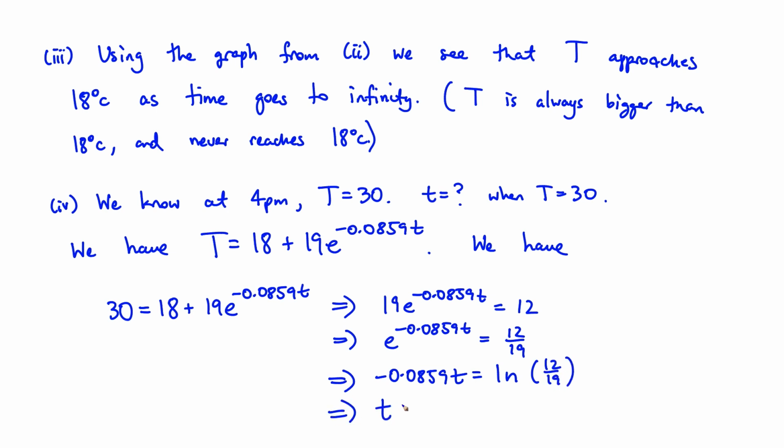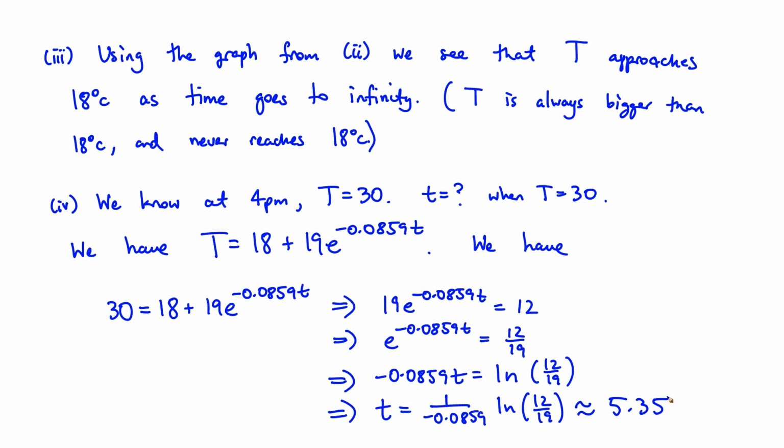And so we get little t is equal to, so divide both sides by this decimal, and then we get 5.35 roughly for little t. So at time 5.35, which is basically 5 1/3 hours, the body is 30 degrees.